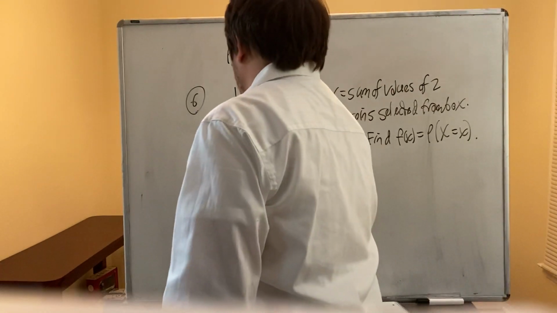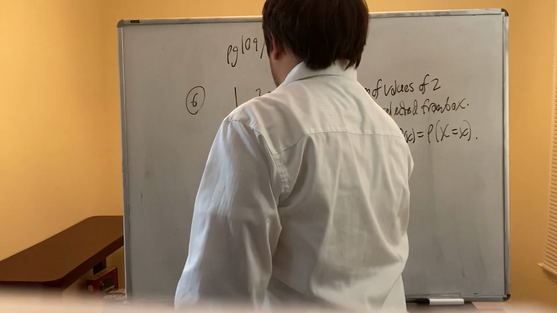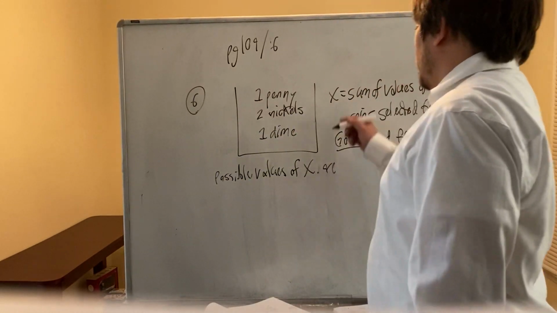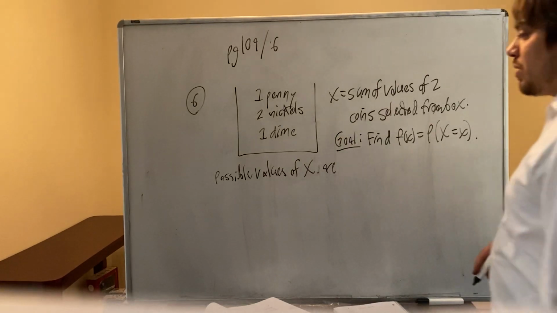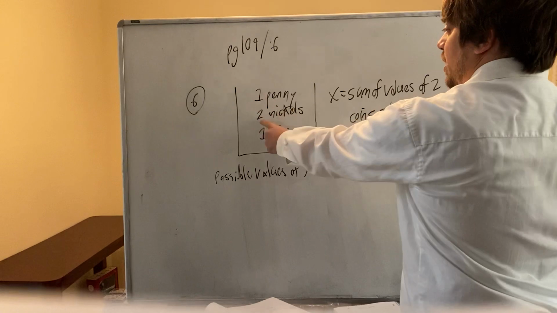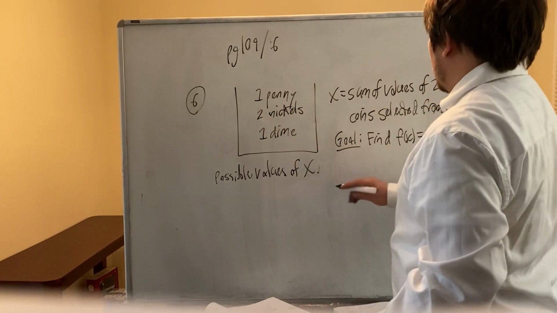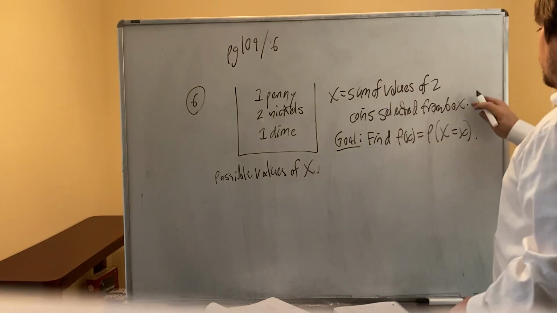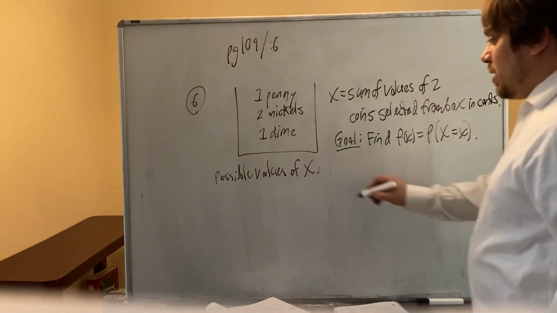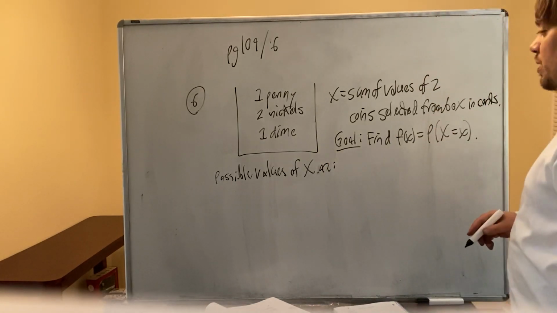The possible values of capital X, the sum of the values of the two coins selected from the box in cents, are as follows.